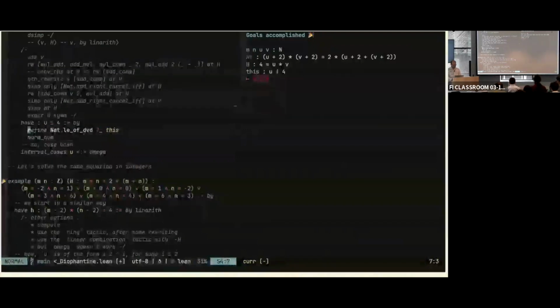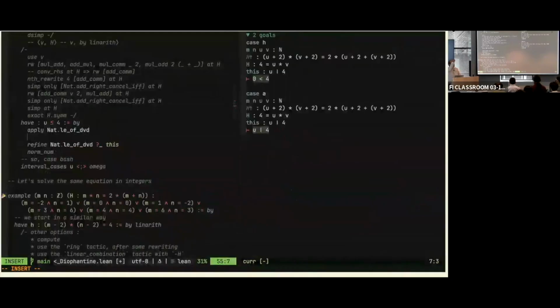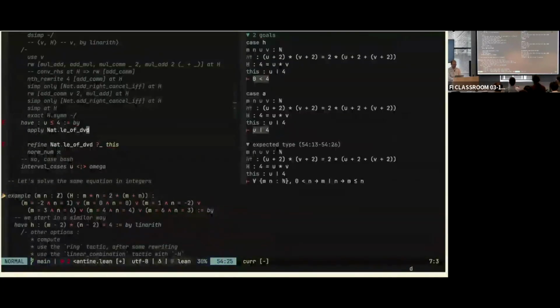So when I apply NAT LE of DVD, I get to prove two things: that 0 is strictly smaller than 4, and that U divides 4. And of course, U divides 4 is already proven. It was this.